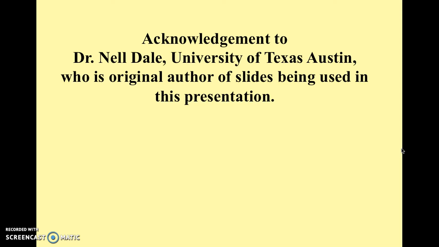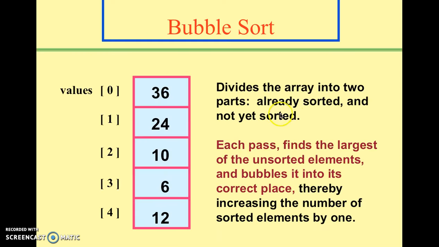So imagine this is our array here, a values array, where we have 5 elements, 36, 24, 10, 6, 12. These are indices 0, 1, 2, 3, and 4. And initially the array is not sorted.